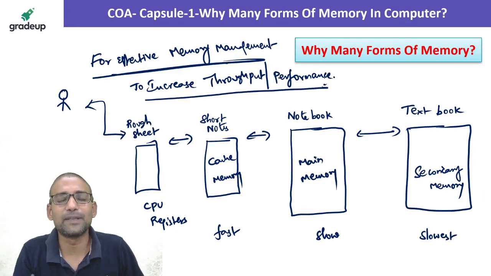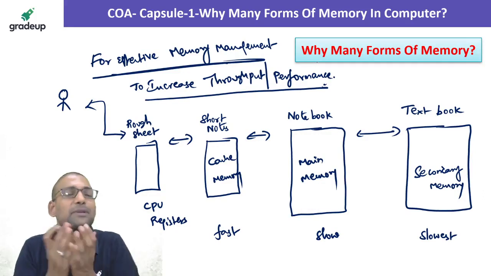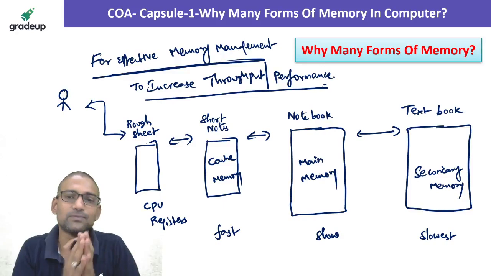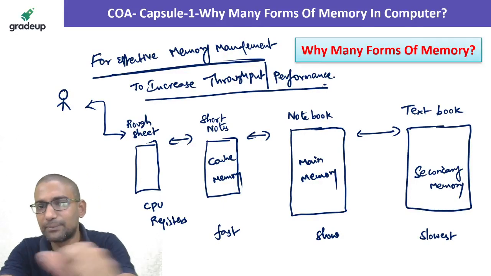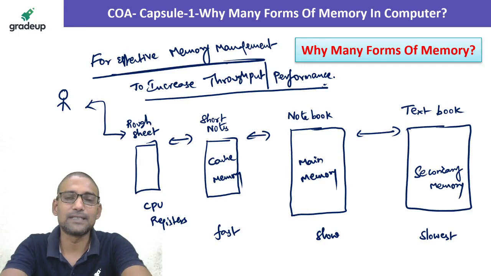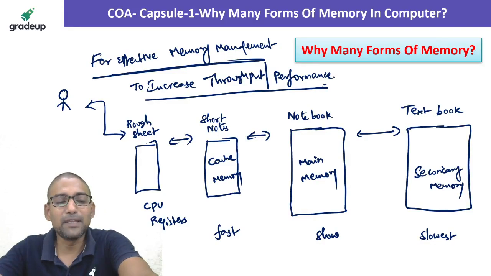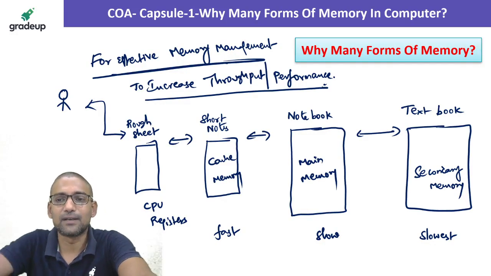Only one memory that is huge can't be fast. So definitely these many forms of memory are required. I believe with this simple example, it is clear for you why many forms of memory in the computer, isn't it? Yes or no?